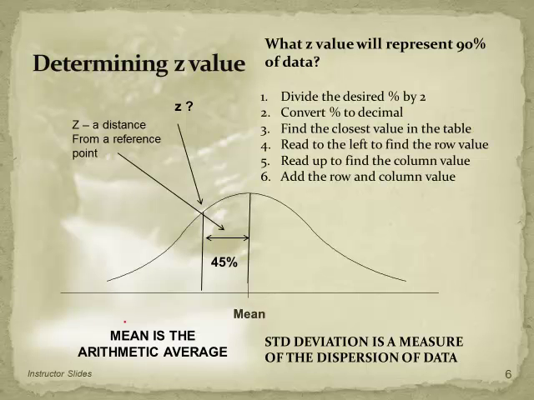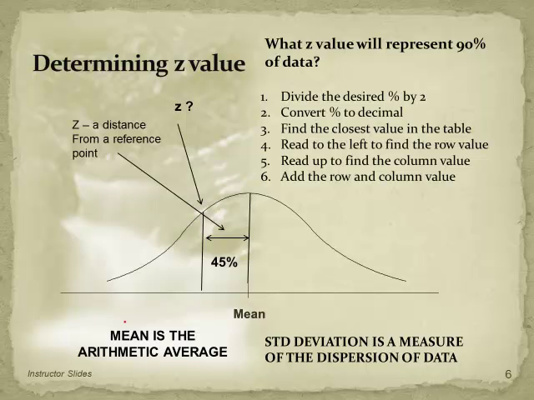Now we know that the normal distribution curve is perfectly symmetrical around the mean. So for 90% of the data, we assume that 45% of it is going to fall between the mean and to the left of the mean, and the other 45% will fall between the mean and to the right.